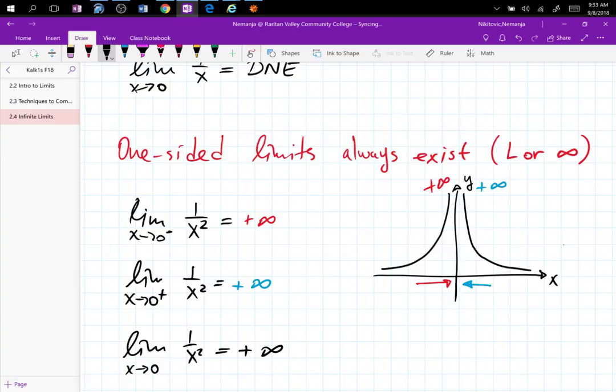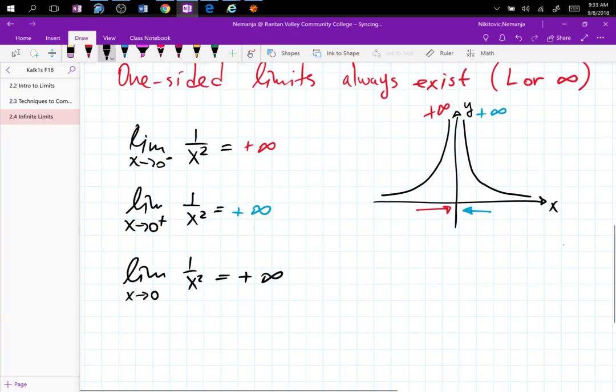So please be careful with notation. I will say the devil is in the details. These pluses and minuses here are not there for decoration. Minus means approach from the left, which is the red arrow. The plus means approach from the right, which is the blue arrow. And these guys with pluses and minuses are your one-sided limits.